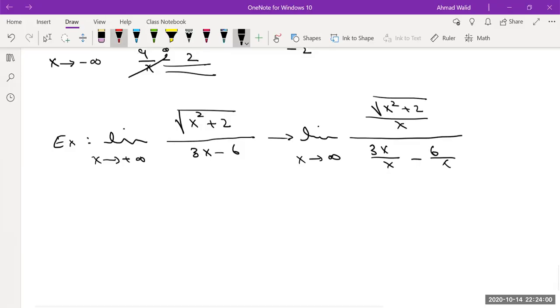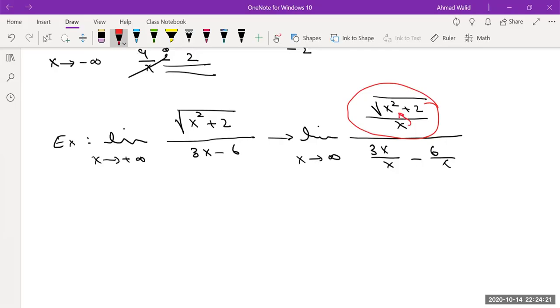Look at your numerator. Here you cannot write this one as a square root of x squared over x. You should find a technique or a method that puts this x also under the square root.